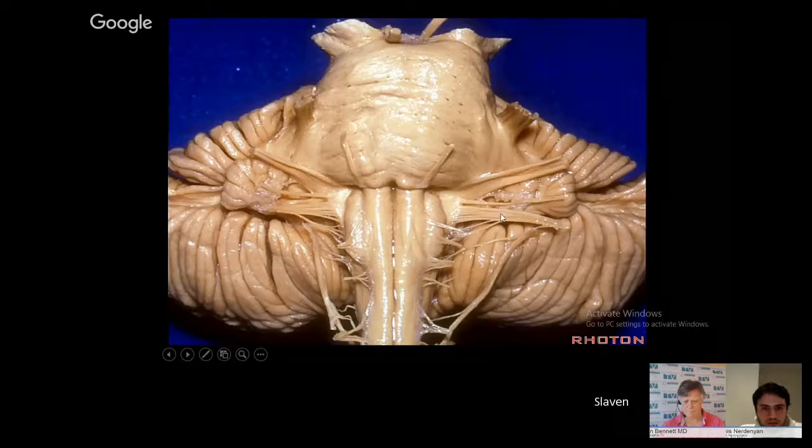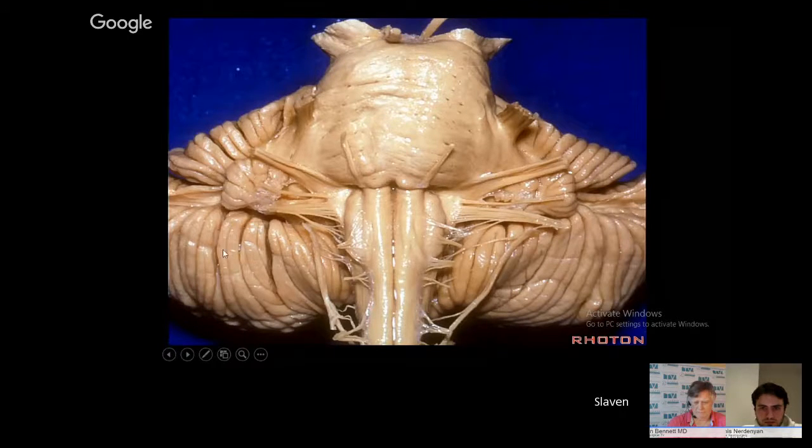And this is a great slide which shows you the various parts of the brain itself in this area. So we have here the medulla oblongata with pyramids, olives, and cranial nerves arising between the pyramids and olives and behind the olives. Also, you have the pons and the cerebral peduncles here.